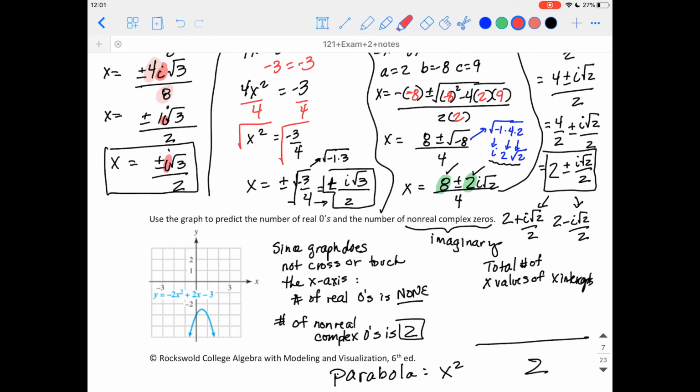And why is it going to be equal to 2? Because this 2 better be this 2. Now, using our answer, there's no reals, so that's going to be 0. And the number of complex zeros is 2. And 0 plus 2 is, in fact, that 2.